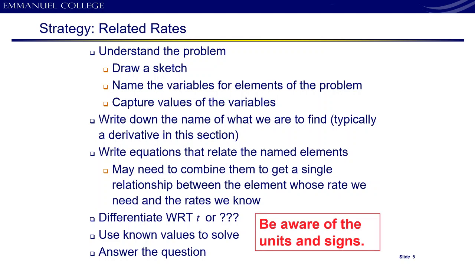So keep those things in mind. Like I mentioned before, you don't want to mess something up by just saying, oh, it was 30. 30 what? Was it 30 meters per second? 30 miles per hour? Was it 30 meters per hour?